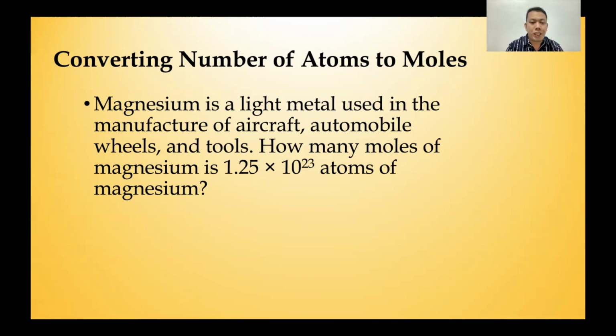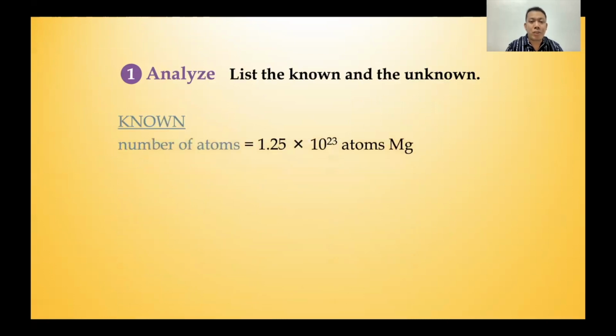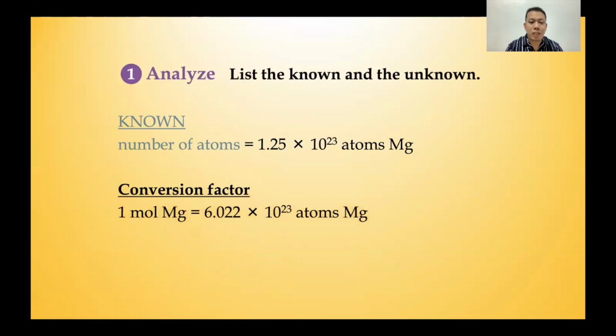So first, list the known and the unknown. Known, you have the number of atoms, which is 1.25 times 10 to the 23rd atoms of magnesium. And for our conversion factor, 1 mole of magnesium is equivalent to 6.022 times 10 to the 23rd atoms of magnesium, as stated in the previous slide.